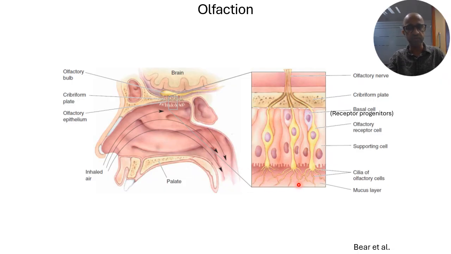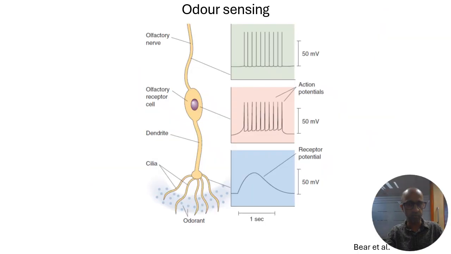And within these cilia you have olfactory receptor proteins that bind to different odors and respond by channel opening and calcium influx and all those kinds of metabolic processes, second messenger processes that we were talking about, right? That are involved in signaling.